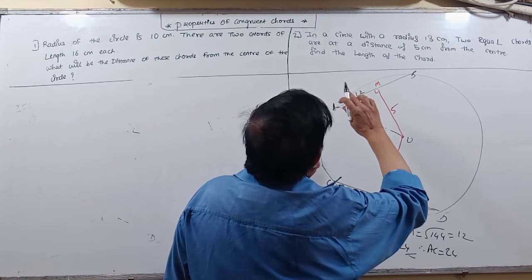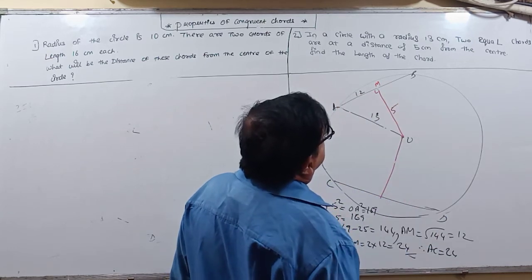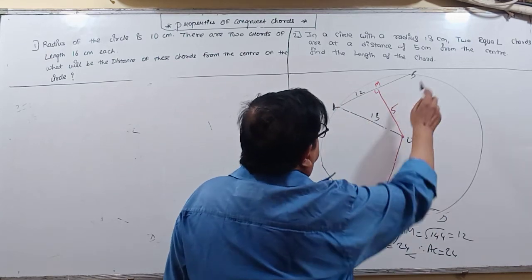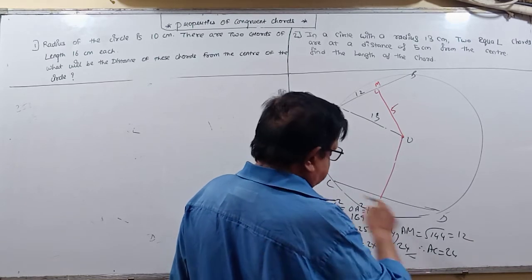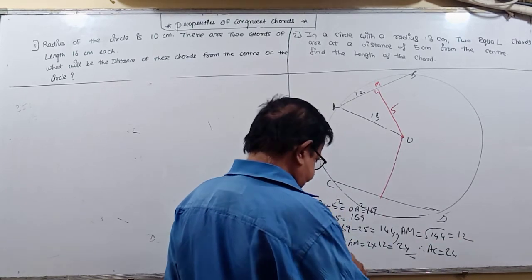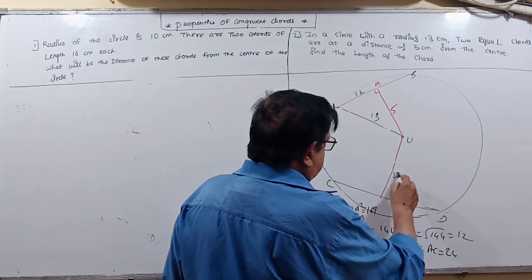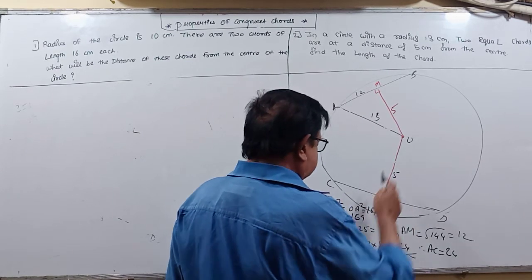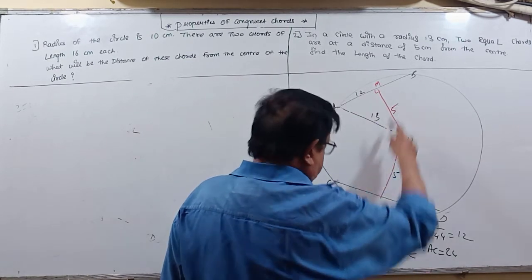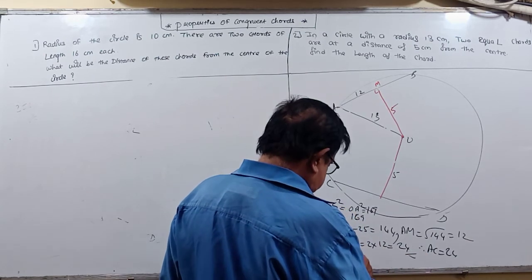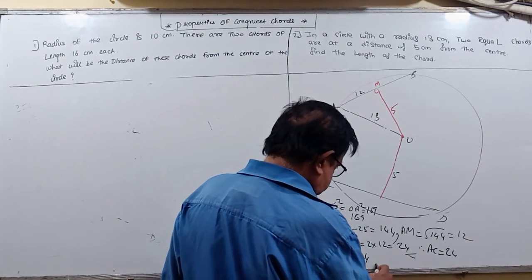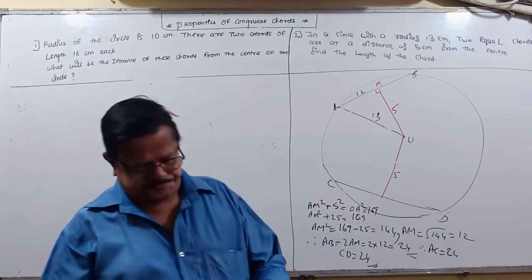This is 5, this is also 5. Chords are equal. If AB is 24, CD is also 24. Very simple, okay.